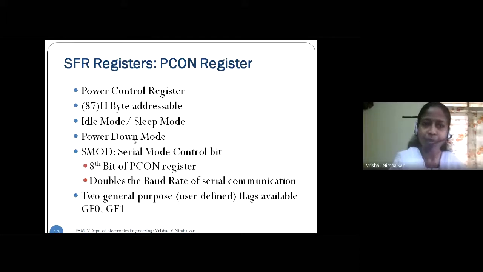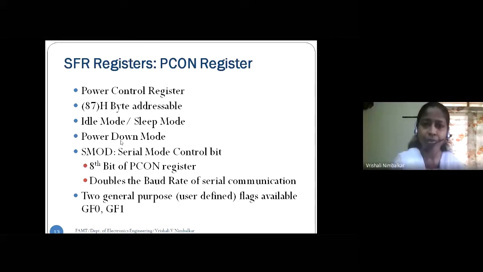But in case of power down mode, we need to reset the microcontroller. And once we reset the microcontroller, there is a possibility that some of the registers might get changed, correct? So while coming out from the power down mode, a few of the registers might change. We will see it in a few seconds.